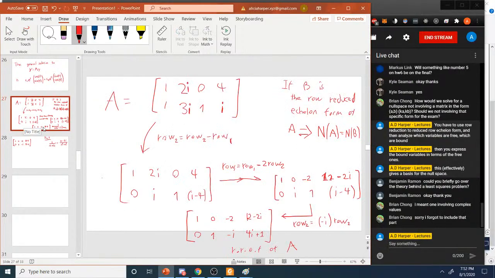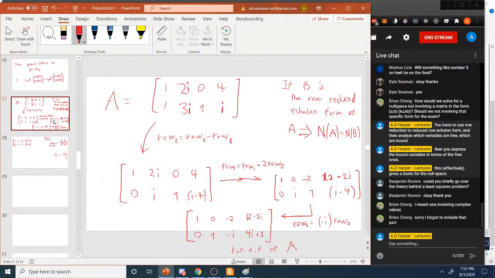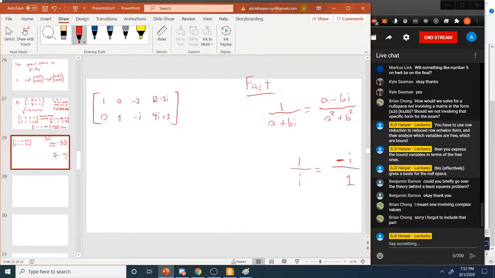You'll notice that here I essentially wanted to get rid of this i, which meant dividing this entire row by i. But 1 over i is the same thing as negative i divided by 1, according to this formula. That's why I multiplied the second row here by negative i. Anyways, now I have the row-reduced echelon form of the matrix.